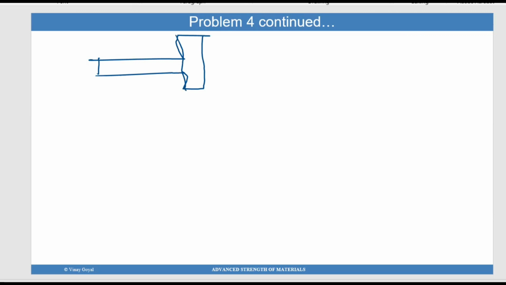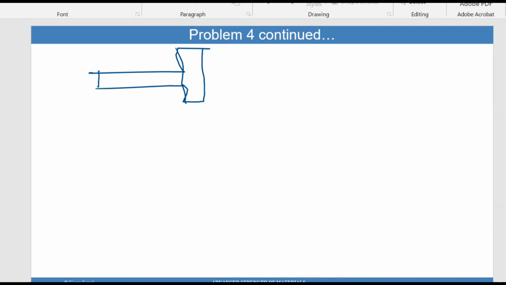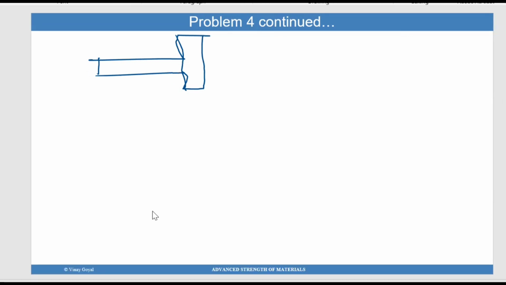So the way you get the neutral axis is there is a formula. Let me copy that formula from the slide so you know how it looks. The way you get the neutral axis is by looking at this.